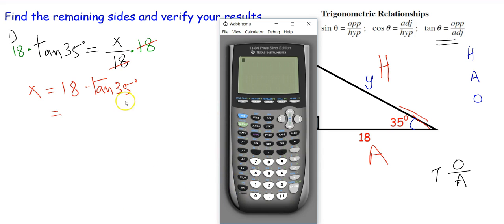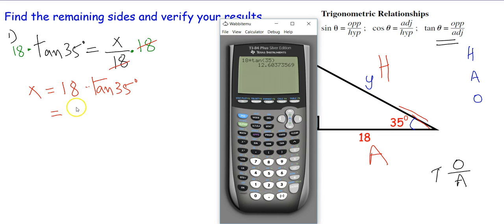turn it on and type in 18 times tan 35 gives us 12.6037.